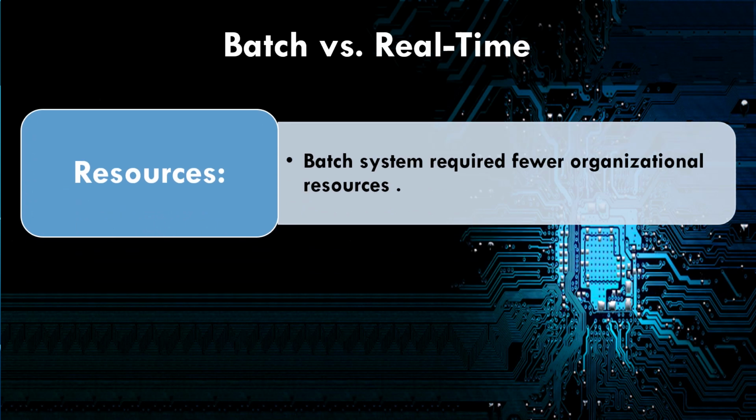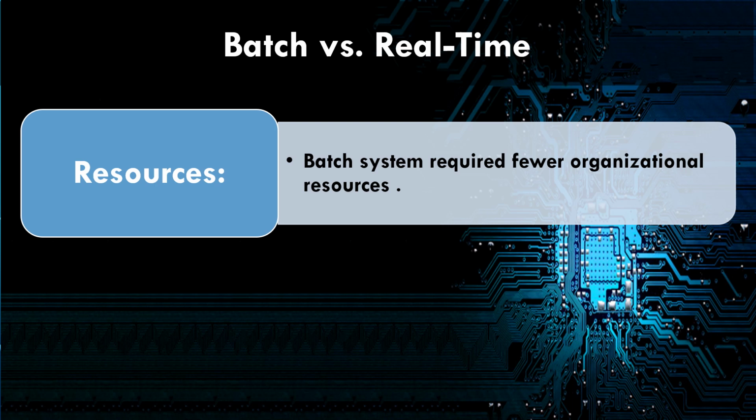In terms of organizational resources, batch systems require fewer organizational resources compared to real time, in terms of programming, costing, hardware, the IT infrastructure, and so on. The reason is that real time requires more people to ensure that all transactions that occurred have been recorded at the same time.